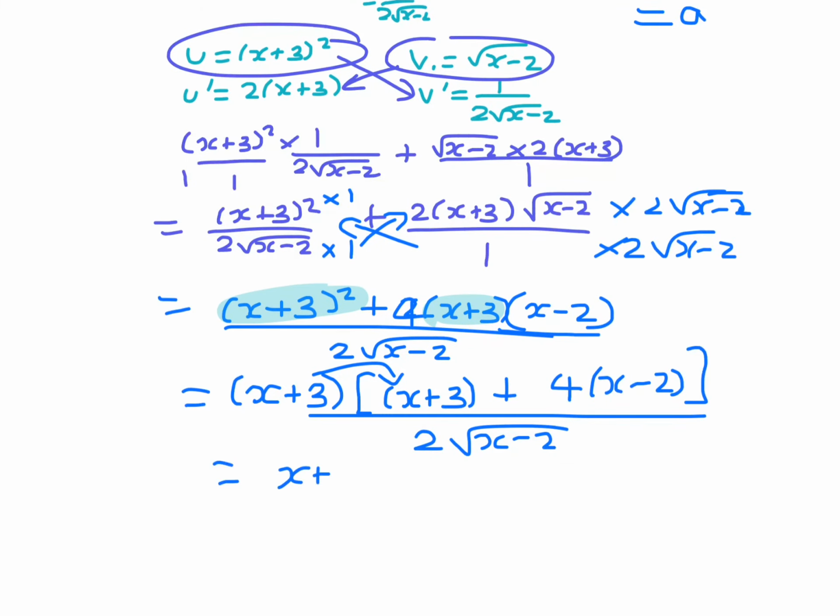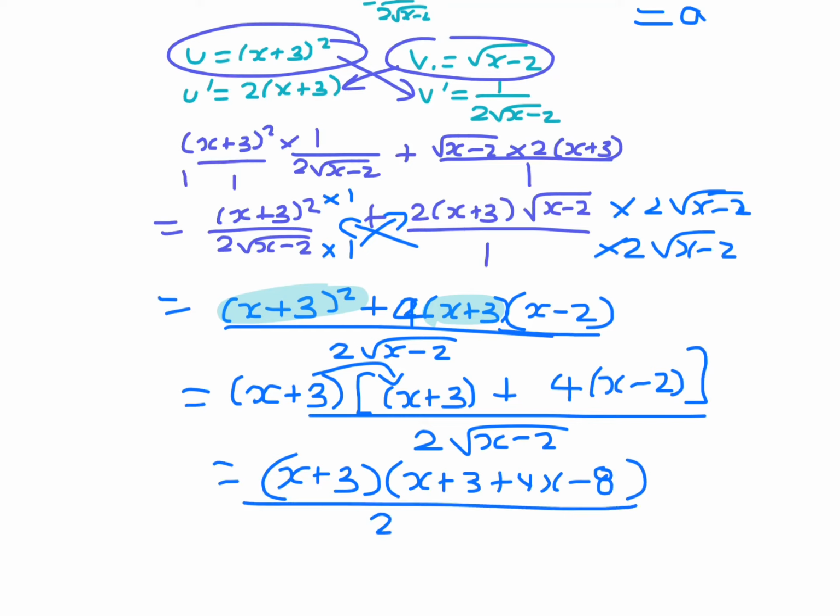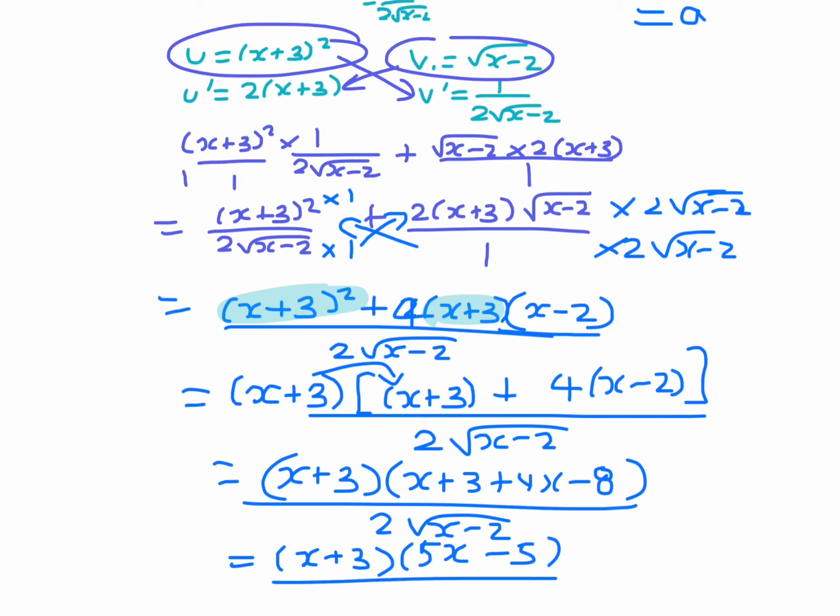Just simplify the top, so you've got (x + 3) plus 4(x − 2) over 2 root (x − 2). (x + 3) plus 4x minus 8, that will be 5x minus 5, all over 2 root (x − 2).